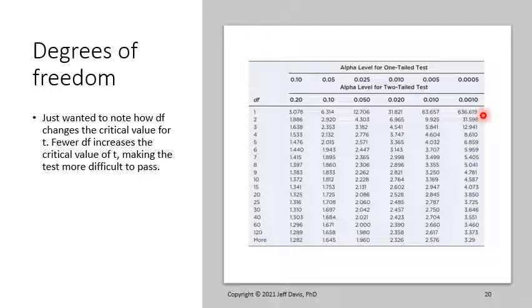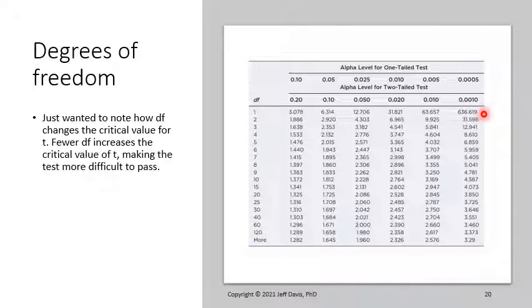So again, way more difficult to pass the test, or way more difficult to reject the null. So again, more degrees of freedom, easier test; fewer degrees of freedom, penalties. More degrees of freedom is just a better test for the hypothesis overall.